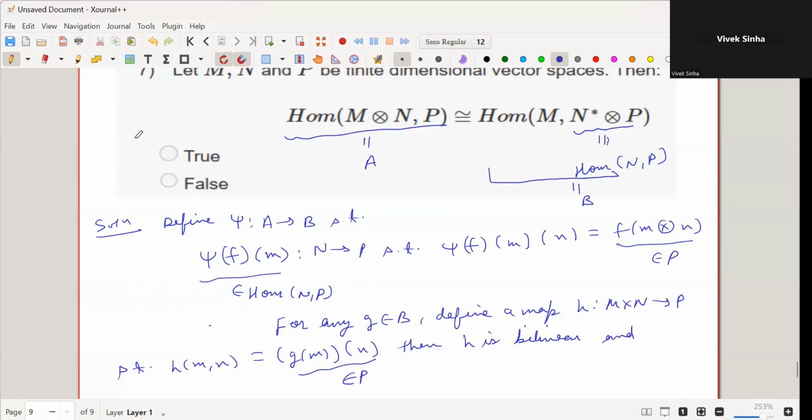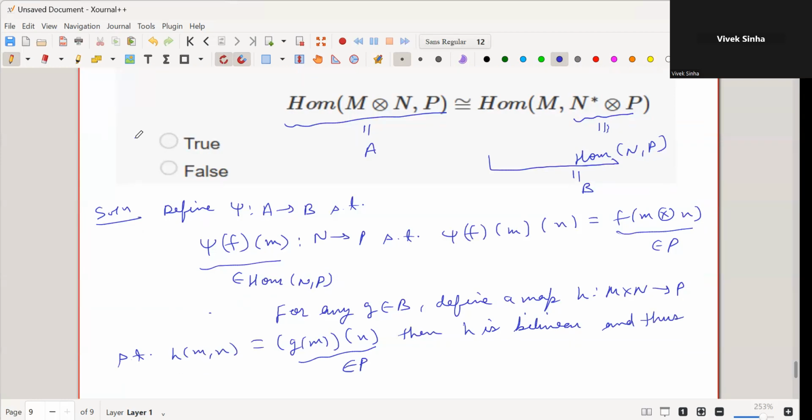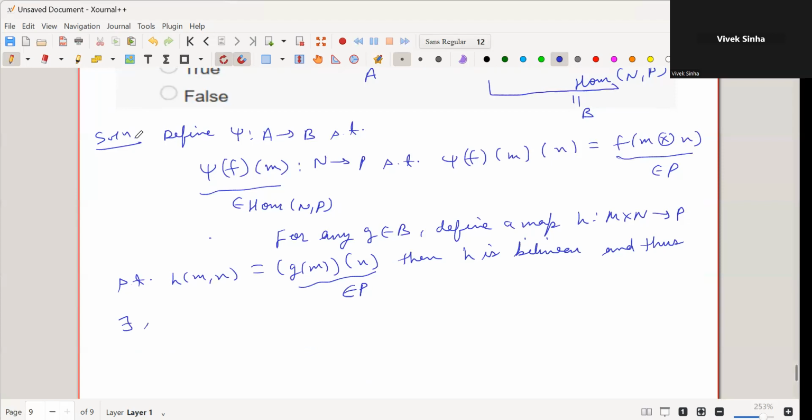Then H is bilinear, and thus by universal property, there exists a linear map H tilde from M tensor N to P. Okay, so we will define the map phi from B to A such that for any G, phi of G is just this H tilde.